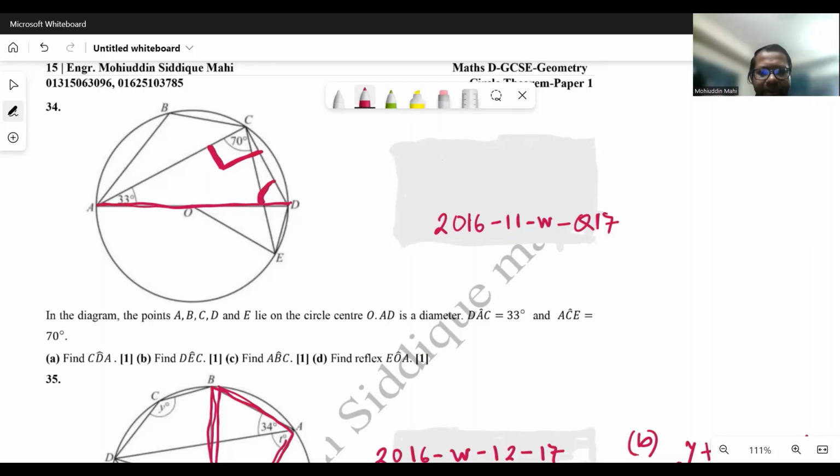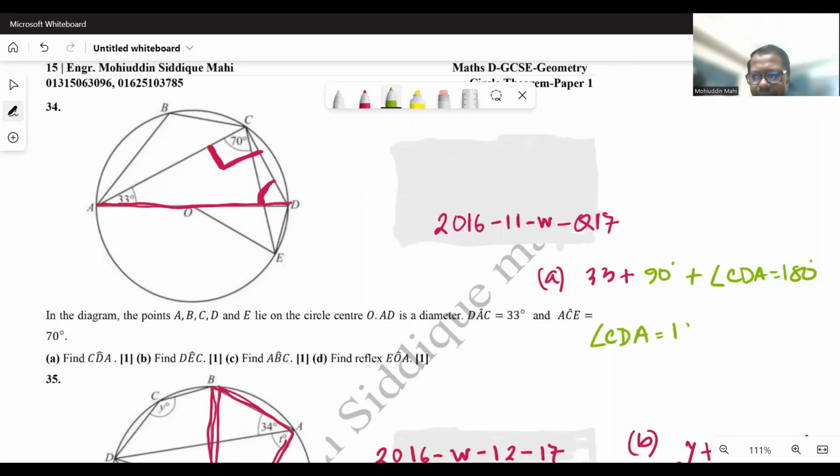So 33 plus 70, oh sorry, not 70, 90. 90 plus angle CDA equals 180 degrees. So 57 degrees.